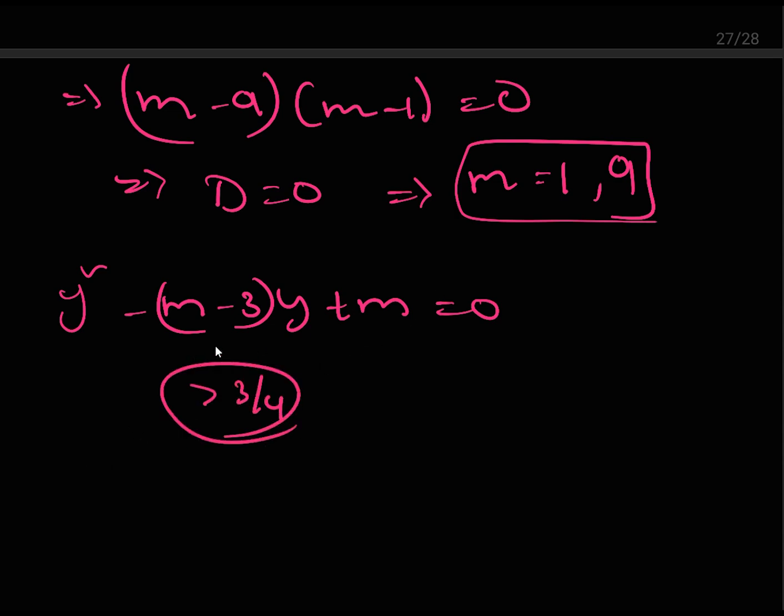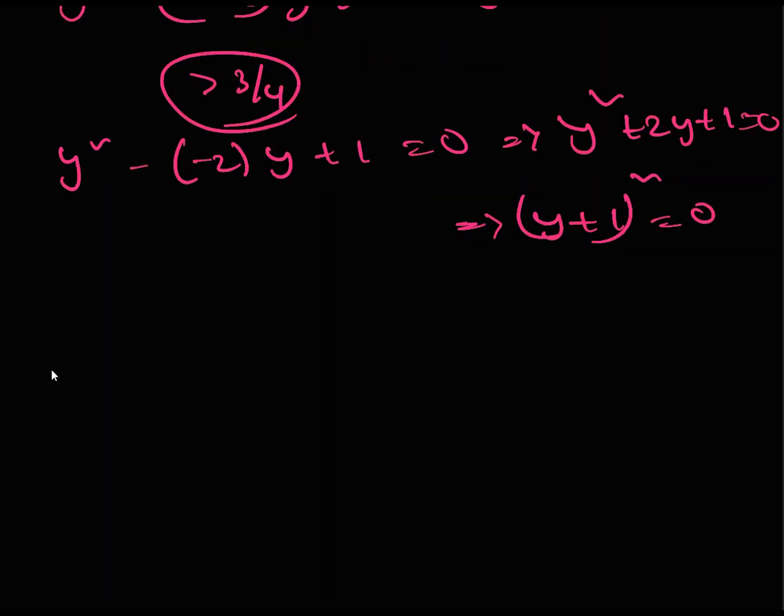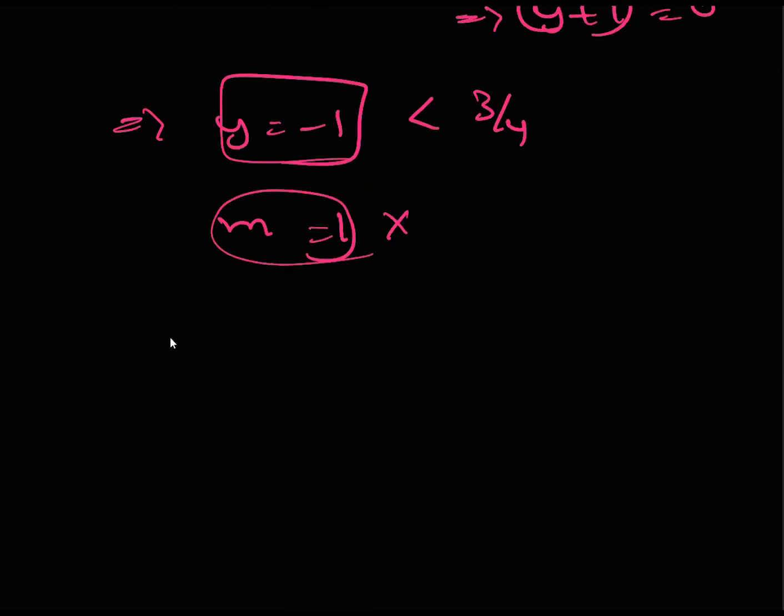Let us substitute m equals to 1. Then we will get y square minus 2y plus 1 equals to 0. That implies y minus 1 whole square equals 0, so y equals to 1... but as transcribed, y equals to minus 1, which is less than 3 by 4. So m equals to 1 does not satisfy the condition.